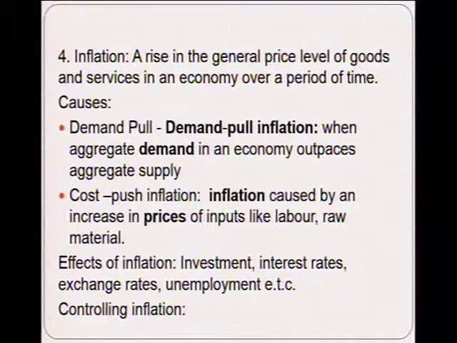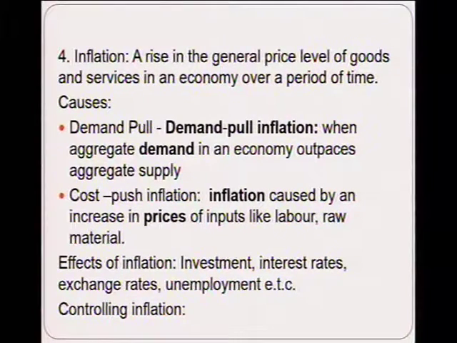In theory, we're going to look at two: demand pull or cost push. Demand pull inflation is when aggregate demand in an economy outpaces aggregate supply. When aggregate demand is more than aggregate supply, it leads to inflation.